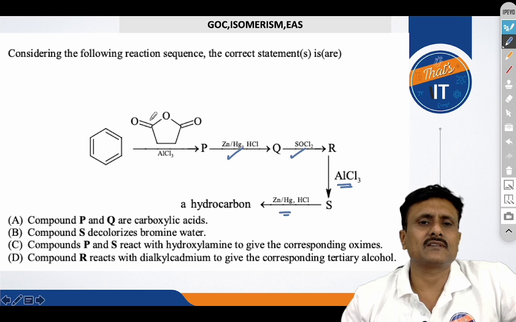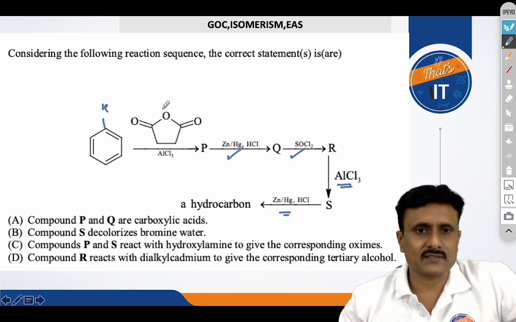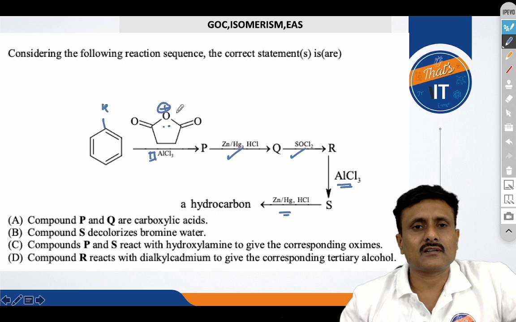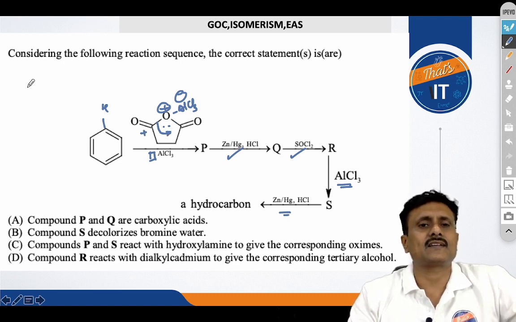So what happens here, you can see that the electrophilic aromatic substitution will take place once AlCl3 attacks on this. It is going to give you the oxygen AlCl3 minus, and this bond will be broken towards the oxygen to create the electrophile which is attacking the benzene, right?